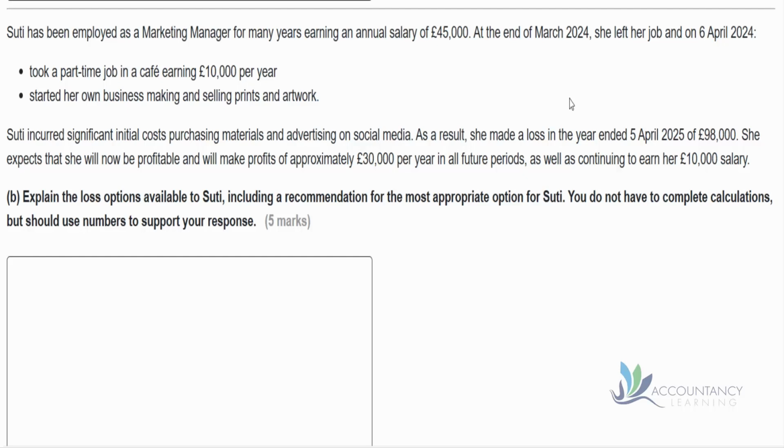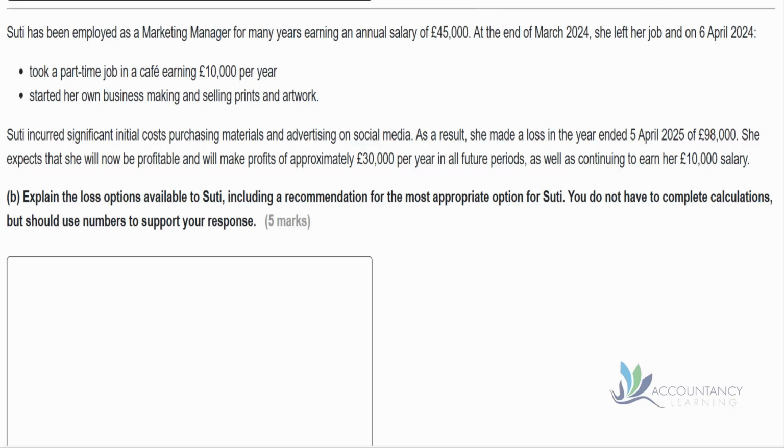Sooty incurred significant initial costs purchasing materials and advertising on social media. As a result, she made a loss in the year ended 5th of April 25 of £98,000. She expects that she will now be profitable and will make profits of approximately £30,000 per year in all future periods, as well as continue to earn her £10,000 salary.